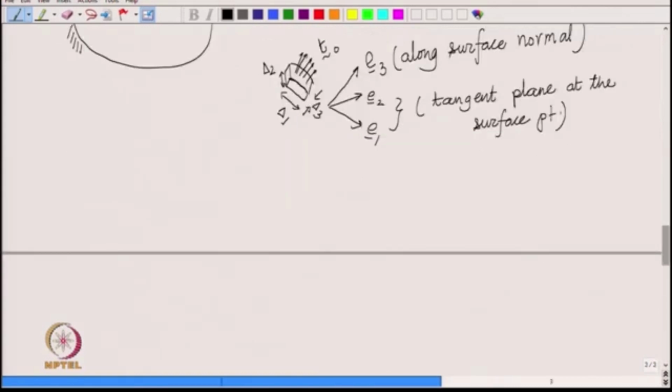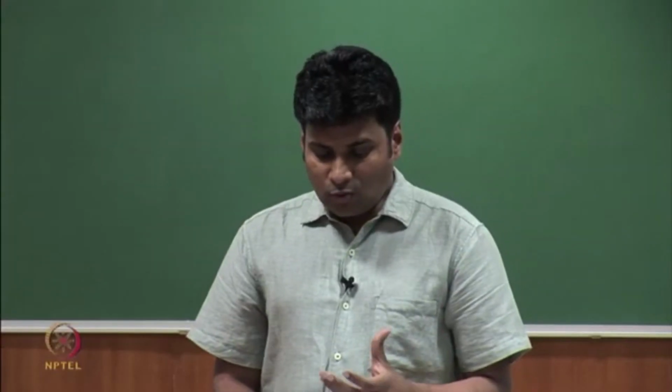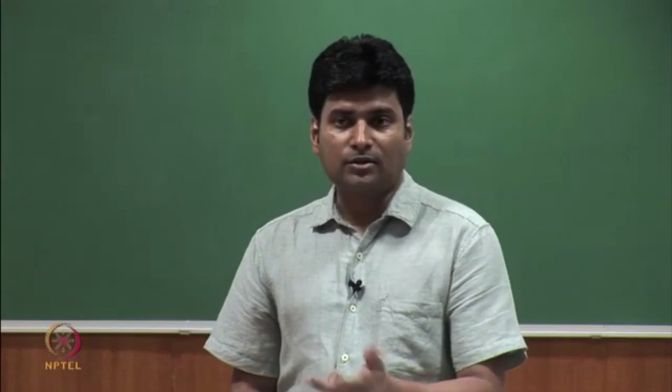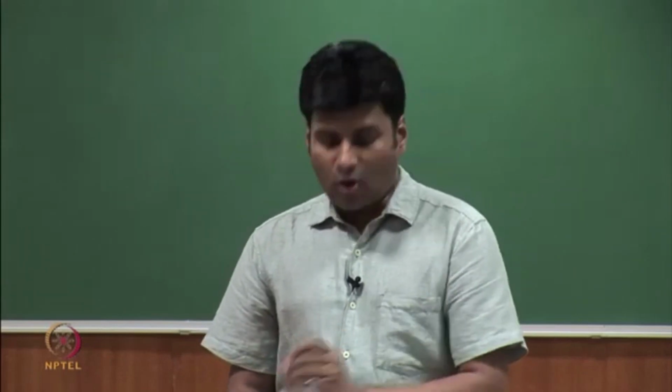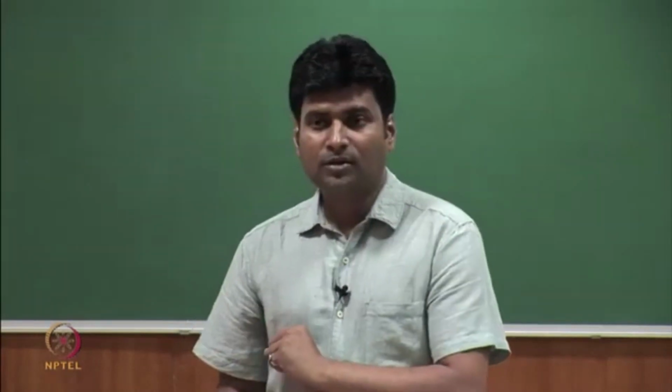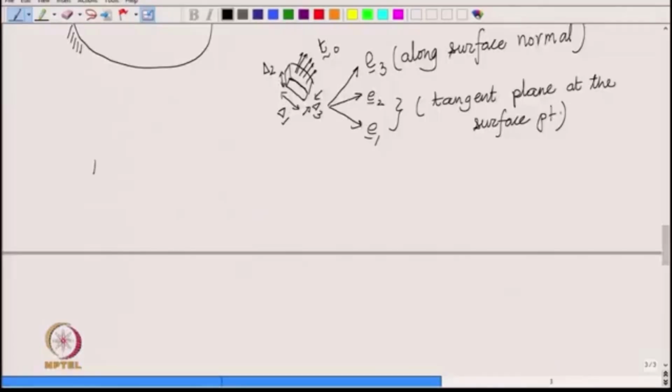So, given that dimension, what is the total force due to the tractions on this small box? So, we have T minus 3 acting on minus E3 plane, and what is the area of that surface? That is delta 1 into delta 2, is not it.